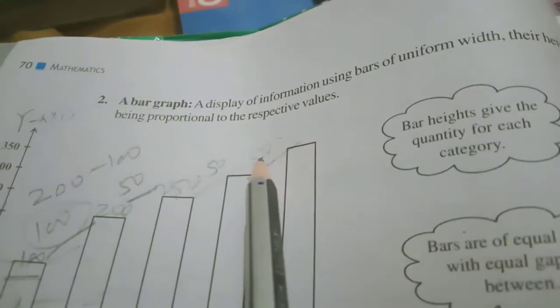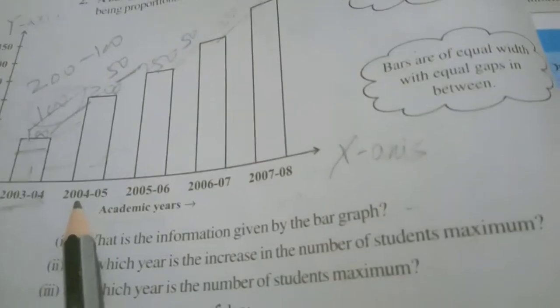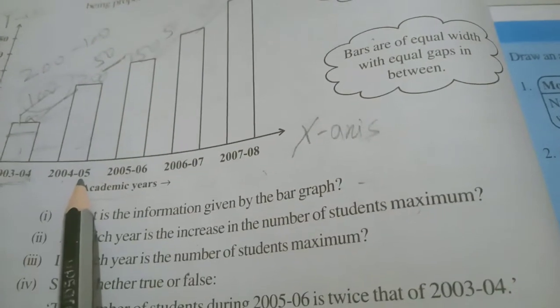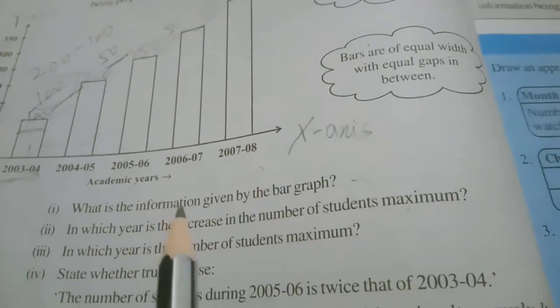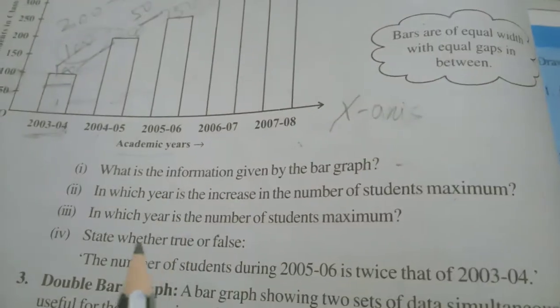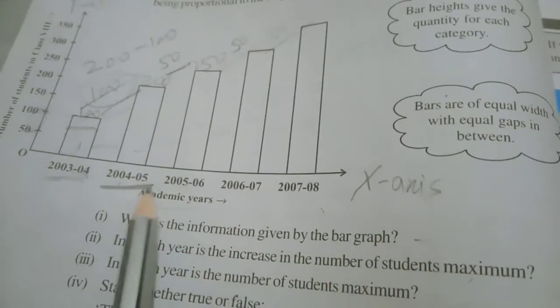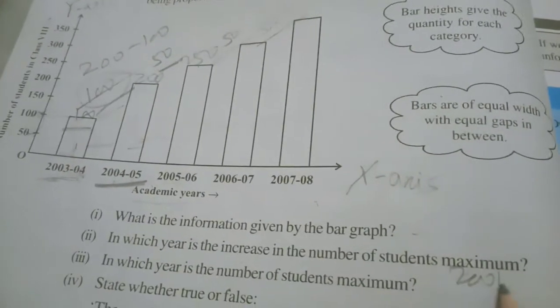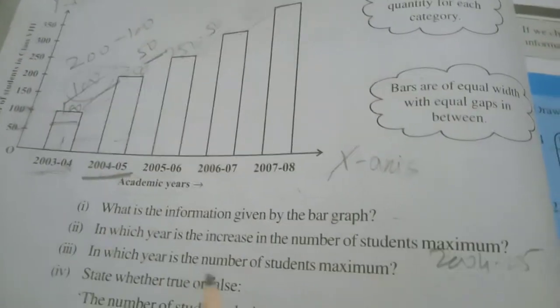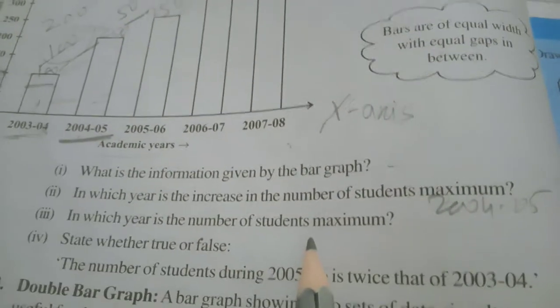Then which is the maximum? 100 is the maximum. Then our answer is, in the year 2004-5, the increase in the number of students is maximum. In which year is the number of students maximum?